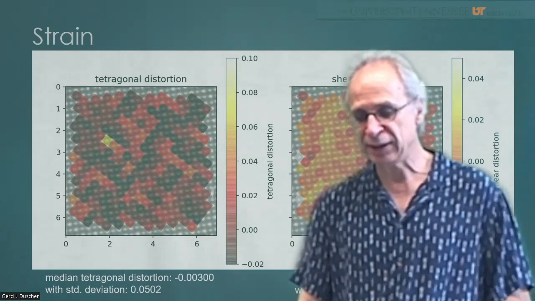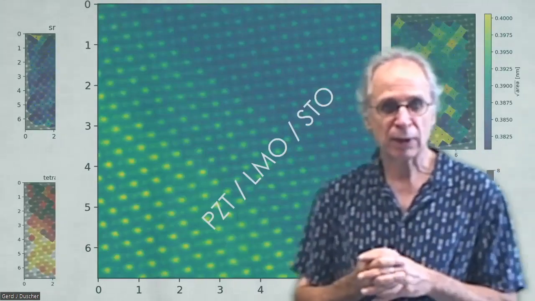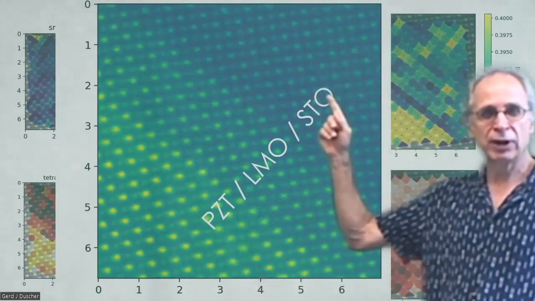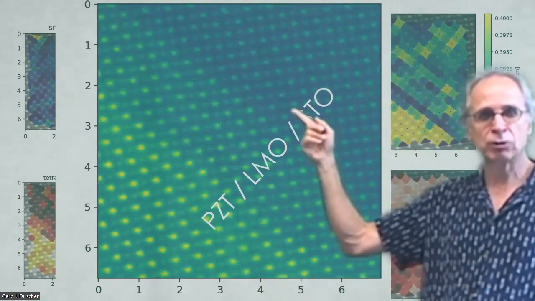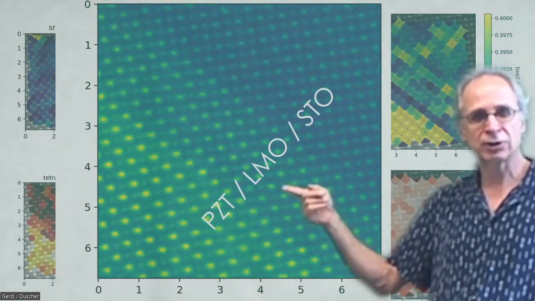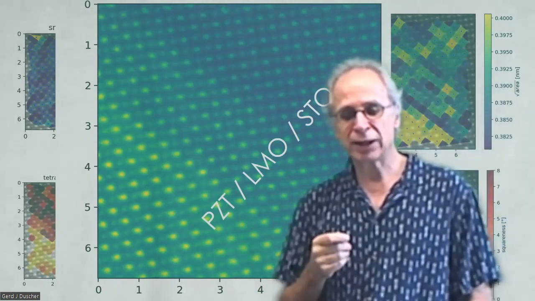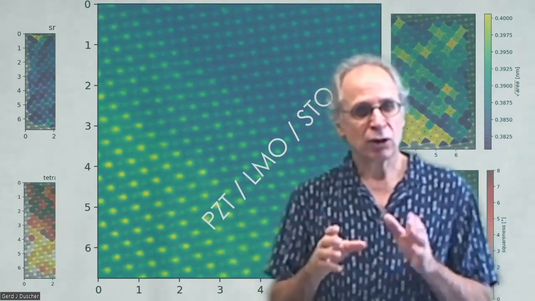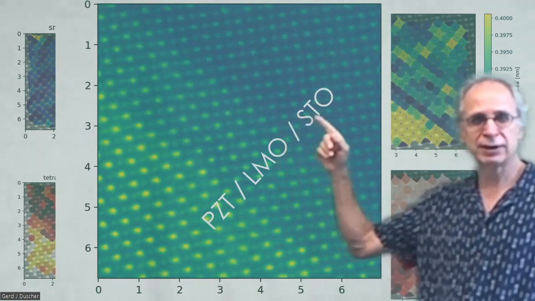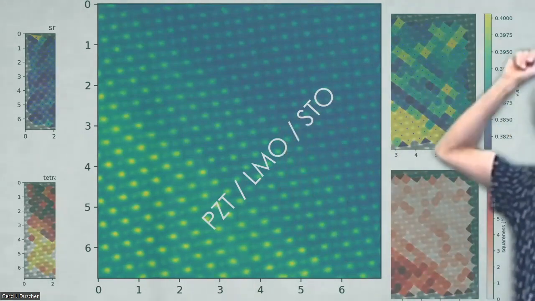Now we apply that to a data set. So we have strontium titanate in the top right corner. We have LMO, lanthanum manganese oxide, and then PCT. And we want to analyze that. So strontium titanate is probably about whatever over there.